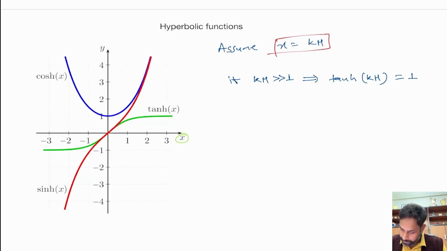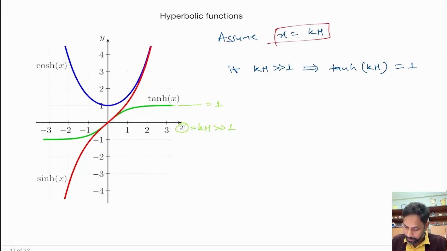So this x is basically kh. So when kh gets really large, when this becomes greater than 1, your tanh is equal to 1. That is, the tanh curve gives you a value of 1, and you can see that is 1, 2, 3, etc. All right, so that is the first consideration.